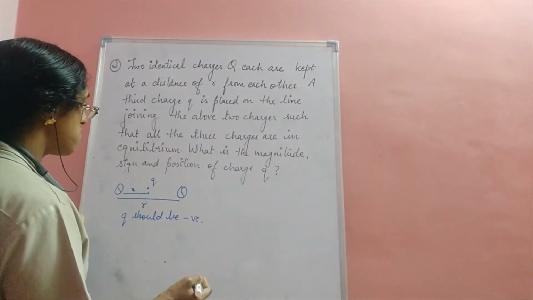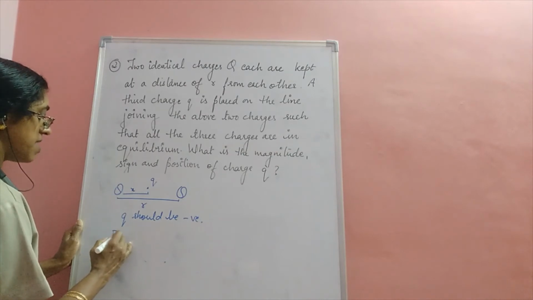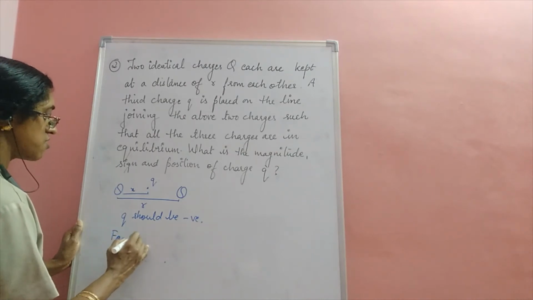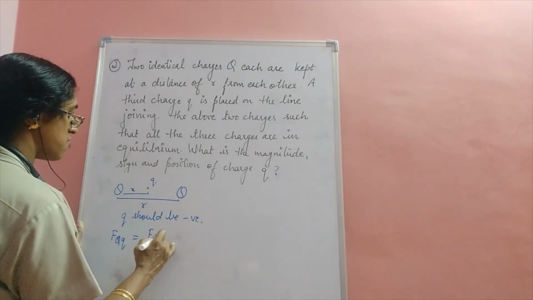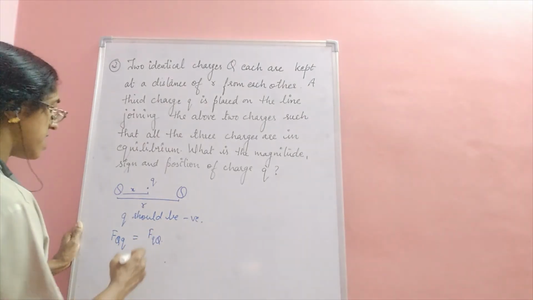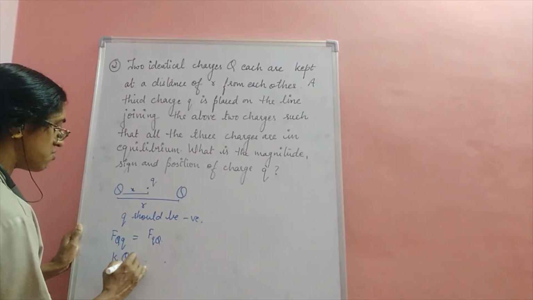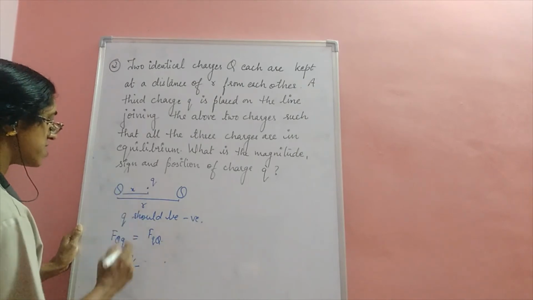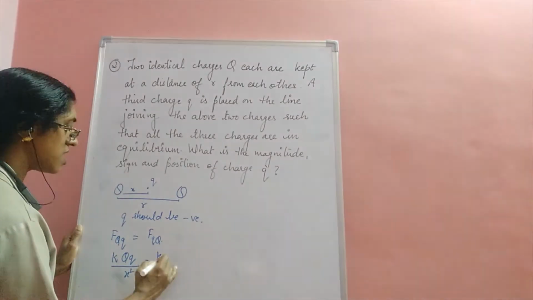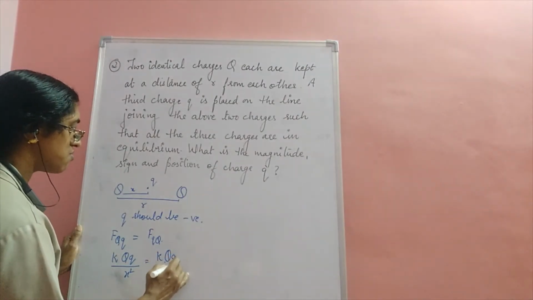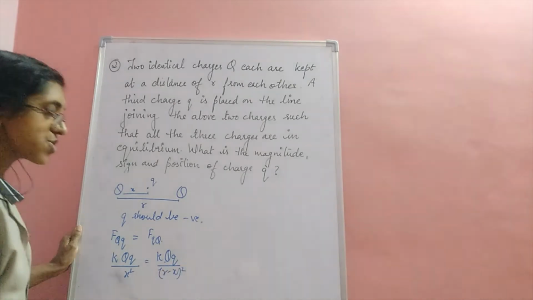So the force exerted by capital Q on small q should be equal to the force exerted by small q on capital Q. That is F, that is kQq by, what is the distance between the two? It is x square, should be equal to kQq by r minus x the whole square.